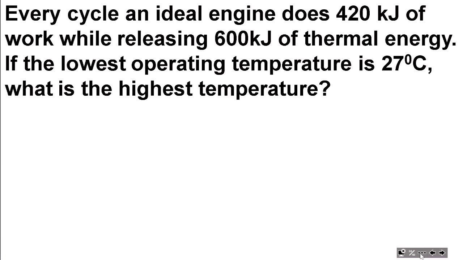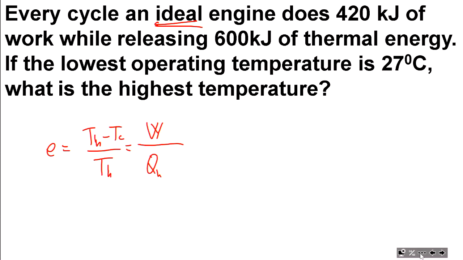Because of this word, we can write the expression for the maximum efficiency in temperatures. But because it is an engine, we also can write the standard definition for any efficiency.